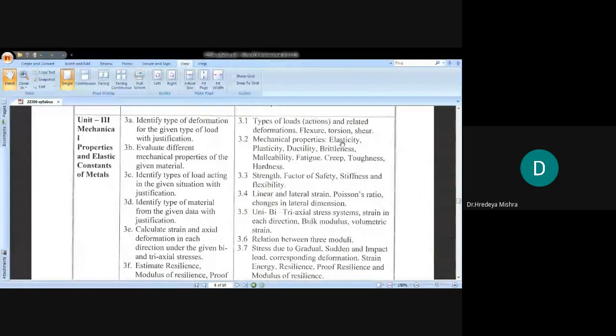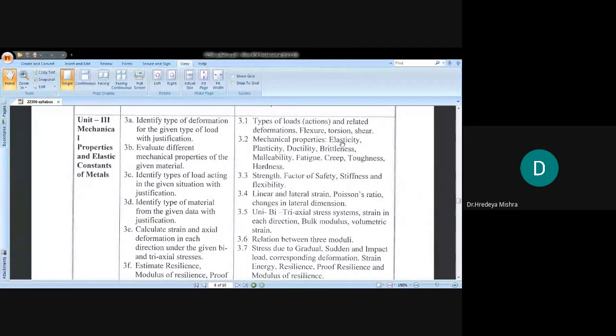But when we remove the load, the material gains its original position or original shape. That is the elasticity. So can anyone tell me which is the most elastic material you know?